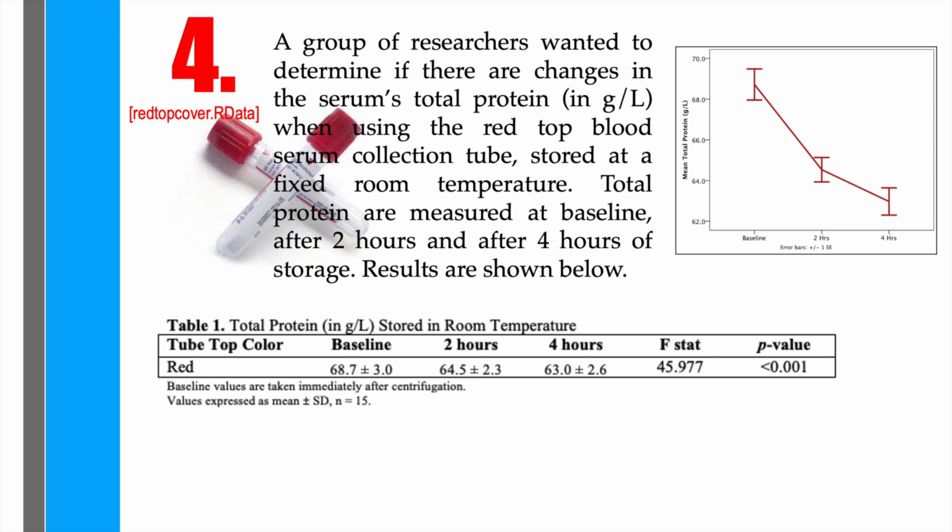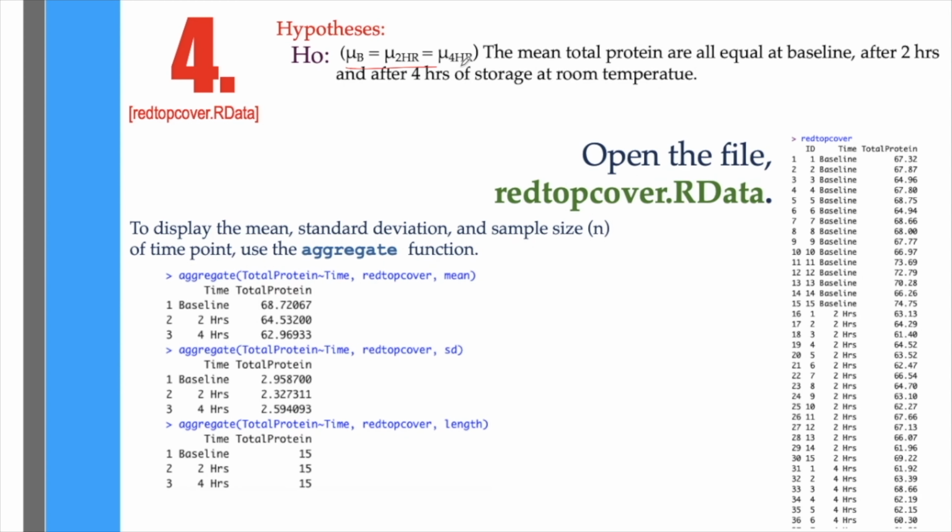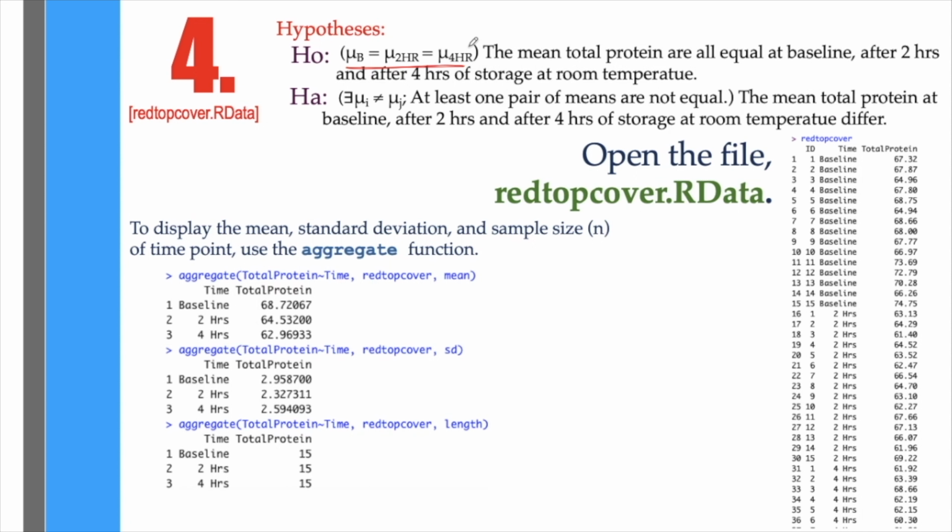Results are shown below. Notice here that the mean total protein decreased from 68.7 to 64.5 and 63. But of course, these are just based on the sample. Our null hypothesis here is that the mean serum total protein are just equal when the entire population is collected. And then the alternative hypothesis is that the mean total protein at baseline, after 2 hours and 4 hours differ.